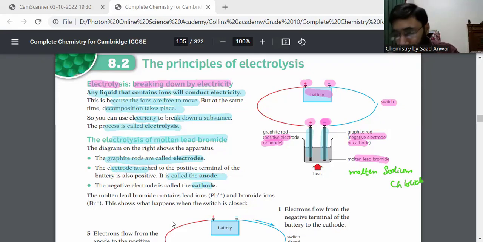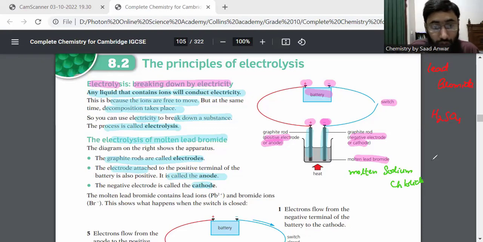So I am going to end this session and this class. In our next class, we will discuss electrolysis of a few ionic substances, such as lead bromide and sulfuric acid, and other things such as aqueous solutions. What happens in electrolysis when the solution is aqueous, and when it is not aqueous?